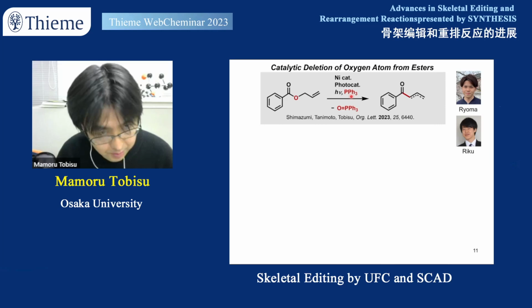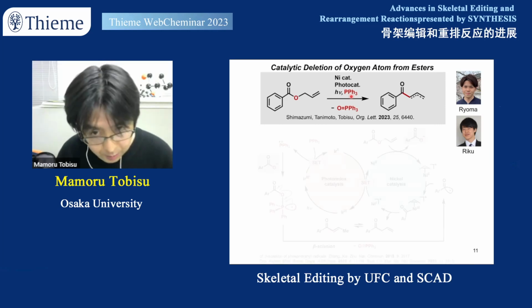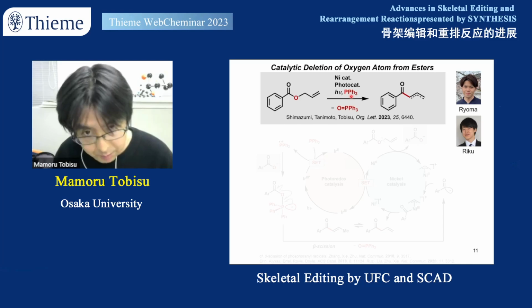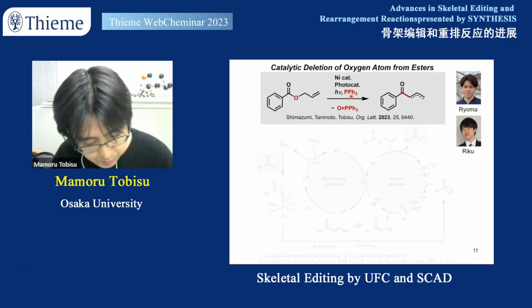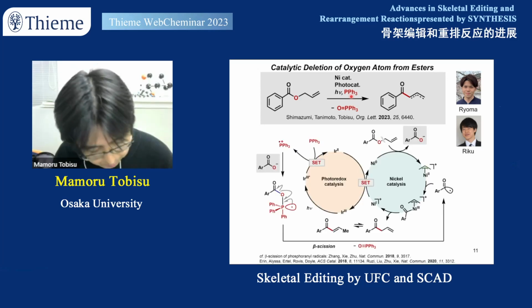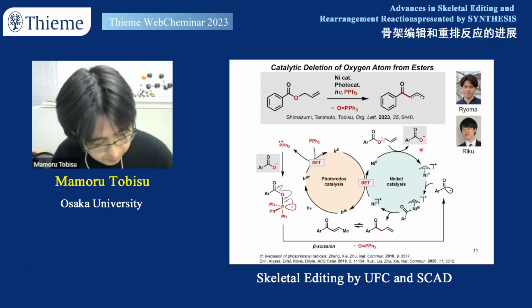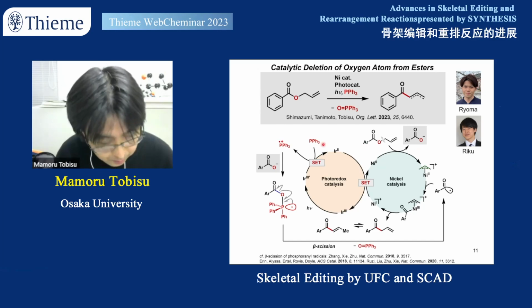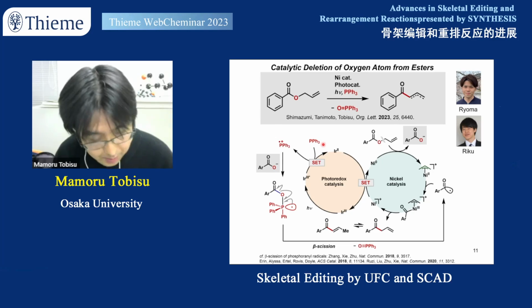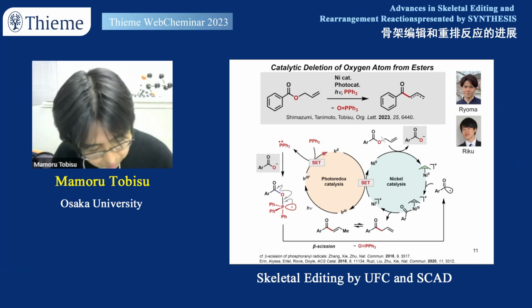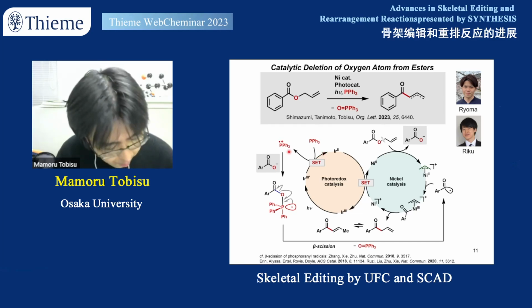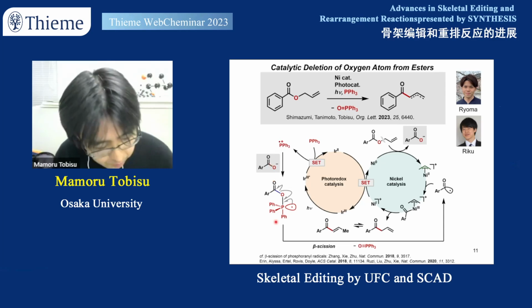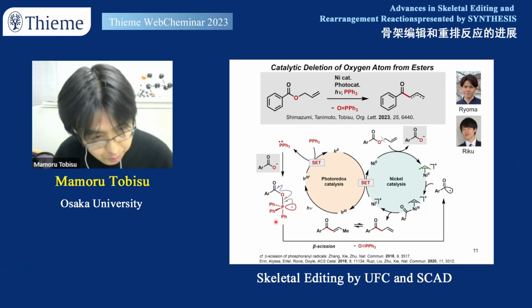A possible mechanism is shown here. The nickel catalyst promotes the oxidative addition of allylic esters to form the pi-allyl nickel species shown here, and carboxylate anion is dissociated. On the other hand, triphenylphosphine is oxidized by the action of a photoredox catalyst to generate a phosphine radical cation, which then reacts with the carboxylate anion to form this tetracoordinate phosphoranyl radical, as shown here.